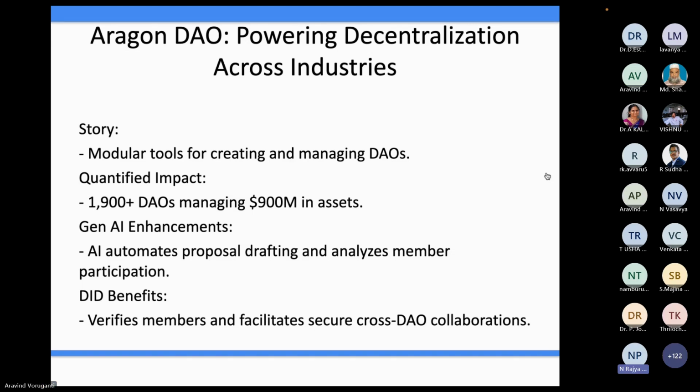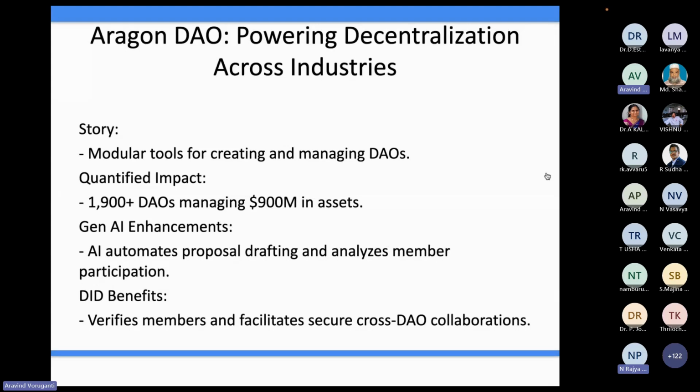So this is how a typical ecosystem works. And if you look at Gen AI, the AI automates proposal drafting and analyzes member participation in a DAO. So the health of the DAO is also something which will be decided by an AI agent. And imagine they are listing 1900 DAOs across various sectors or industries.